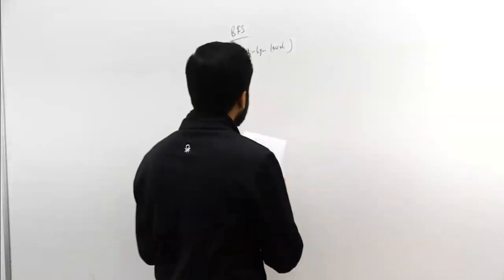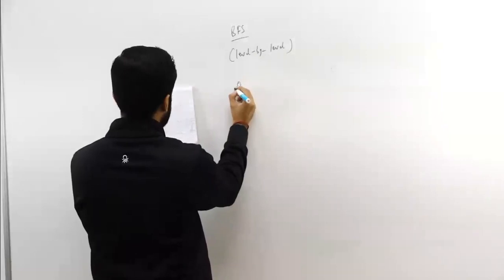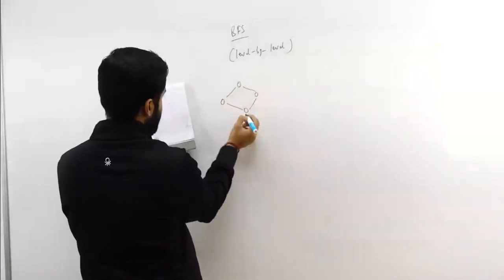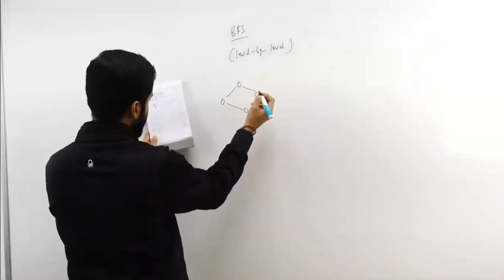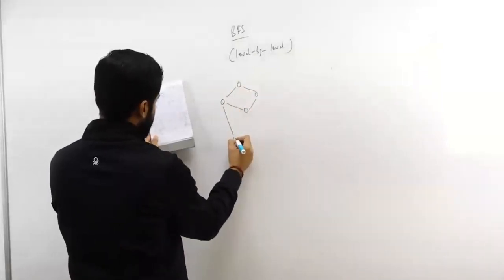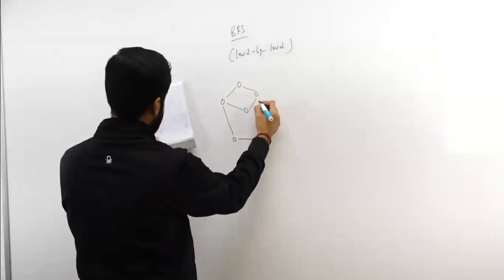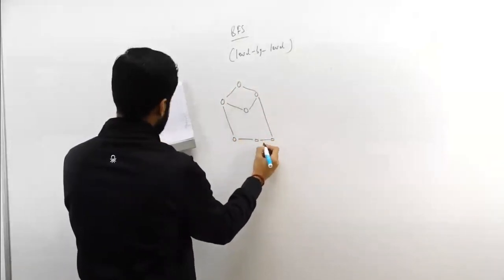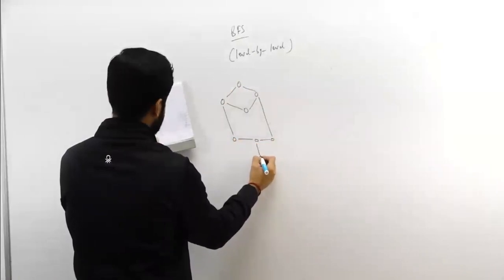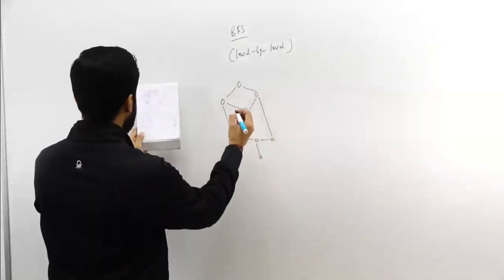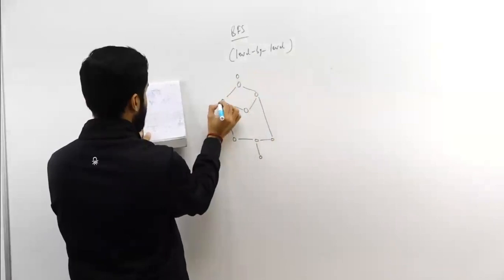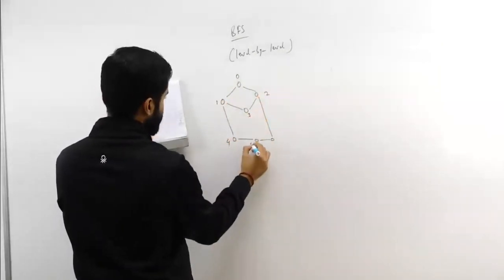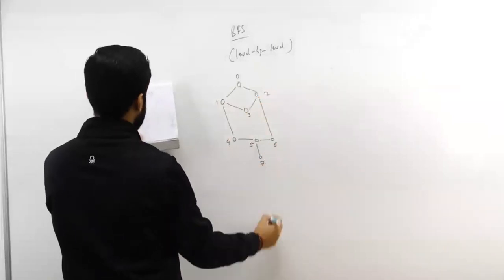So let's say you have a graph that looks like this. These circles are the nodes that you have. Let me label them. This is 0, this is 1, this is 2, 3, 4, 5, 6, and 7.